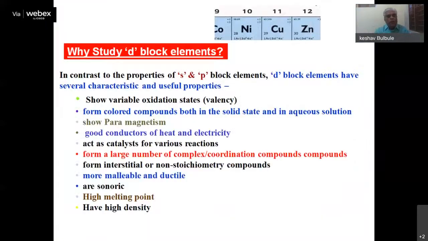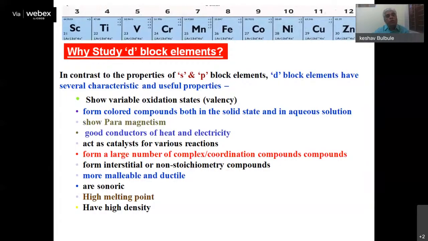Then why should we study d block elements very specially? In what way are these d block elements distinguished from the adjoining s block and p block elements? Because these d block elements are so special that you can see properties which are never exhibited by either the s block or the p block.